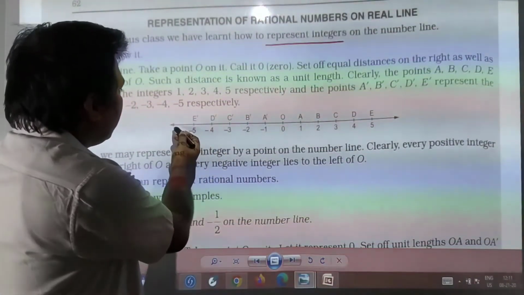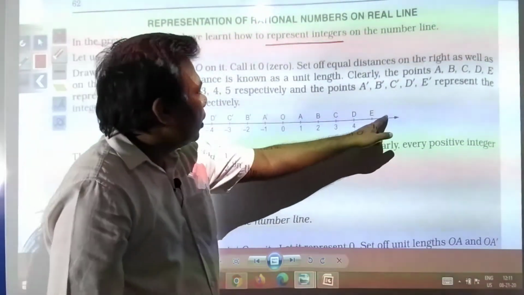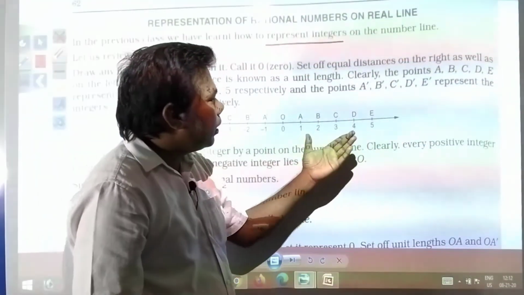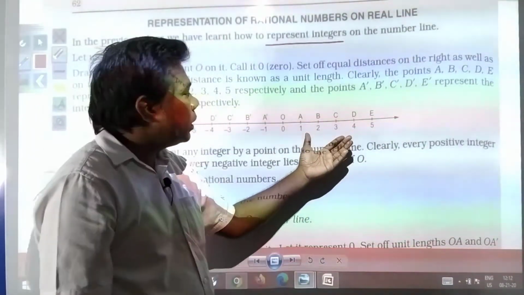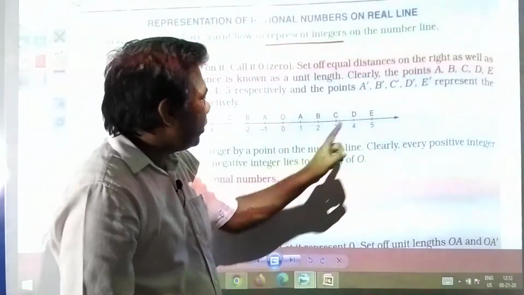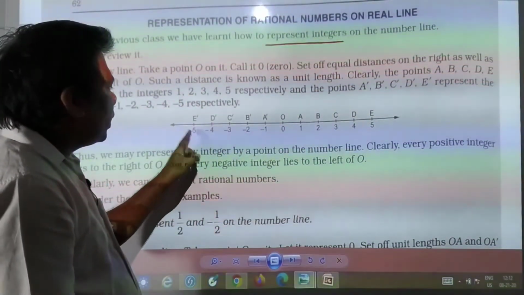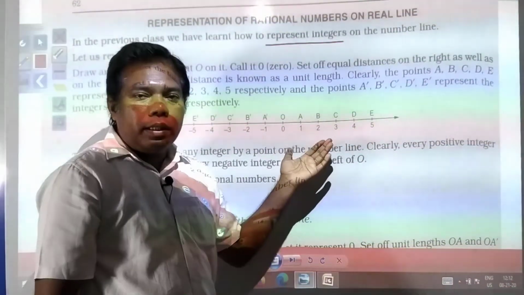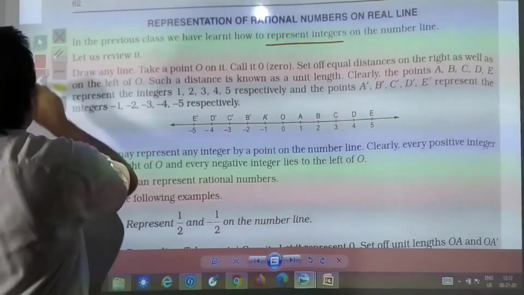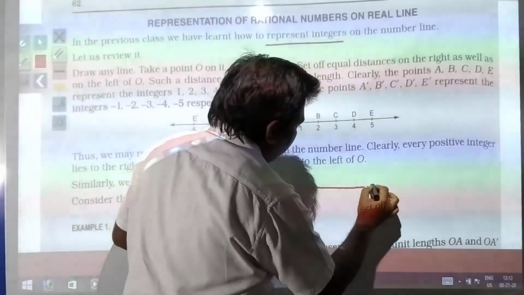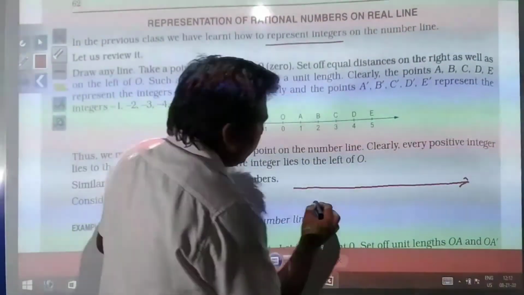Suppose you have been given a number line. Here you have O fixed. On the right side, the numbers written are the positive integers 1, 2, 3, 4, 5, and on the left side you have -1, -2, -3, -4, -5. How is it to be drawn? A number line is drawn with the help of your ruler in a proper way.